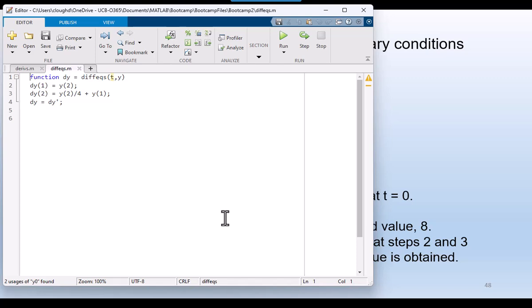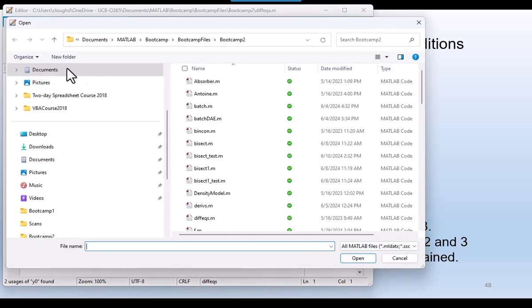In this case, y sub 2 here is equal to ry1, and y sub 1 is equal to ry. So this is how we compute our derivatives. That's very simple. And then we'll open a file called split boundary.